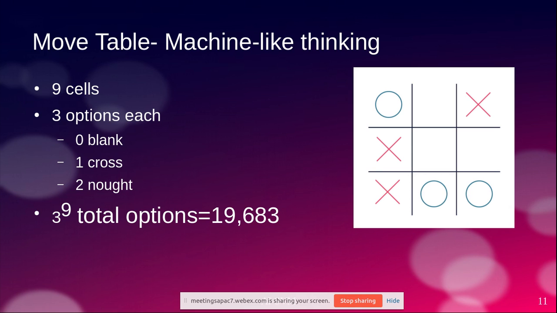Hence all nine cells, all three crosses, all three knots, and all three blank spaces are immediately visible to us, and it is child's play to continue with this.